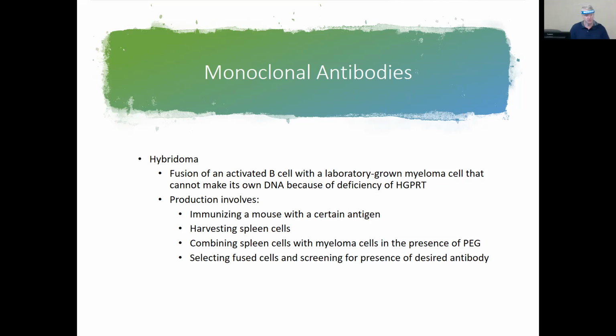I could actually take my degree and go work at one of these companies that's making millions of dollars based on monoclonal antibody production. And I now know from one little lecture, one little page in my book, how that works.